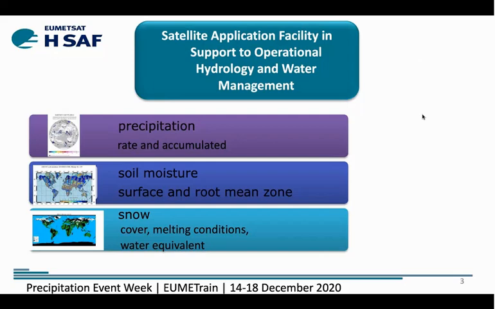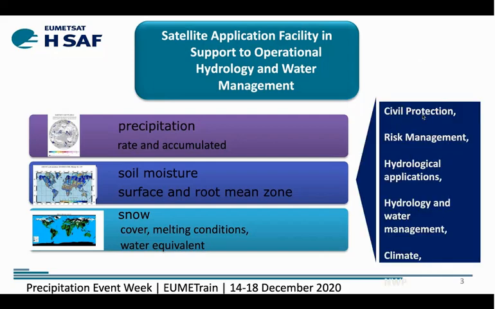The first objective is to provide satellite-derived products from existing operational satellites to satisfy the needs of operational hydrology, estimating the main hydrological parameters like precipitation, both as rate and as cumulated precipitation, soil moisture, surface soil moisture and root zone soil moisture, and snow. By snow we mean snow on land, as cover and water equivalent.